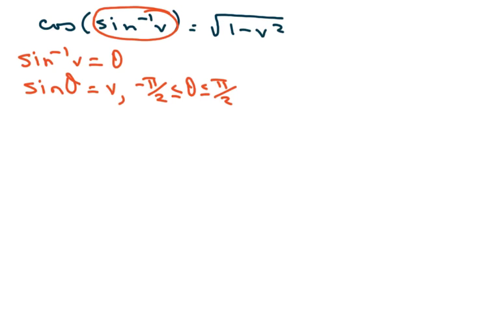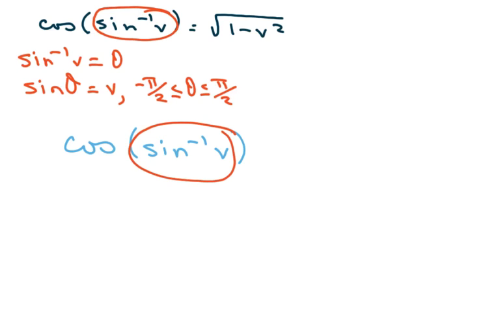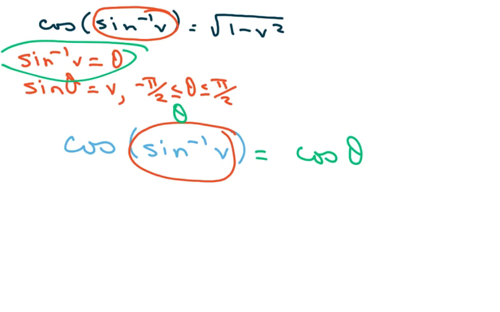Then I'm going to write this as cosine of inverse sine of v. We're letting this equal my angle, which is right here. So this equals cosine of my angle.